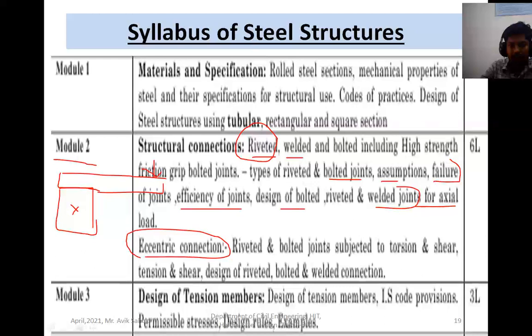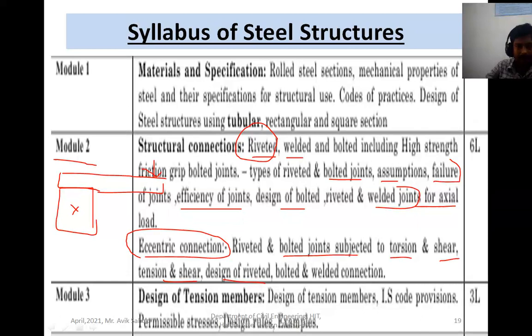Different types of eccentric connections are used, like bolted joints subjected to torsion, then shear forces, tension and shear design of riveted, bolted and welded connections. The beam column connection is basically called an eccentric connection, and the example of an axial load connection is the truss joint, where the load is transferred axially.